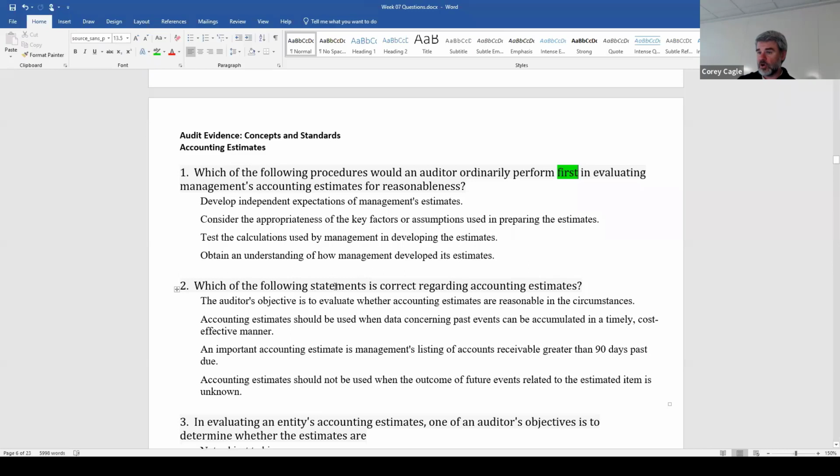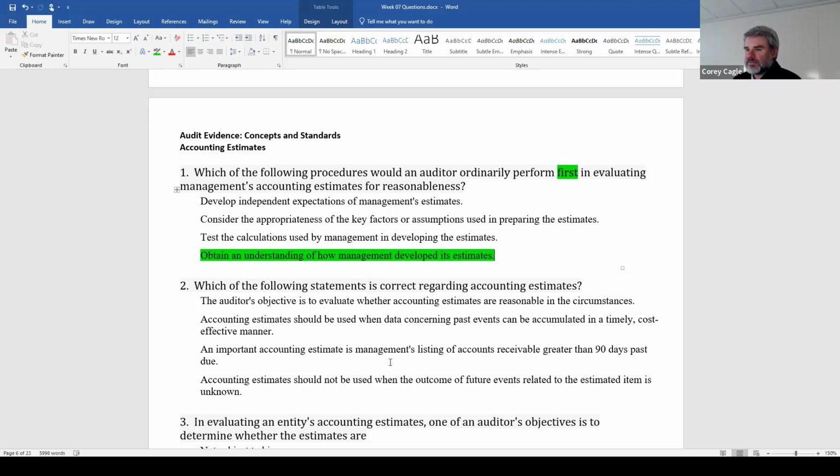So first, all these are good things, right? But first, we're going to need to do this, right? It's kind of like list these in the appropriate order. We're not going to do any of these things until we have a general understanding about how they develop their estimates.